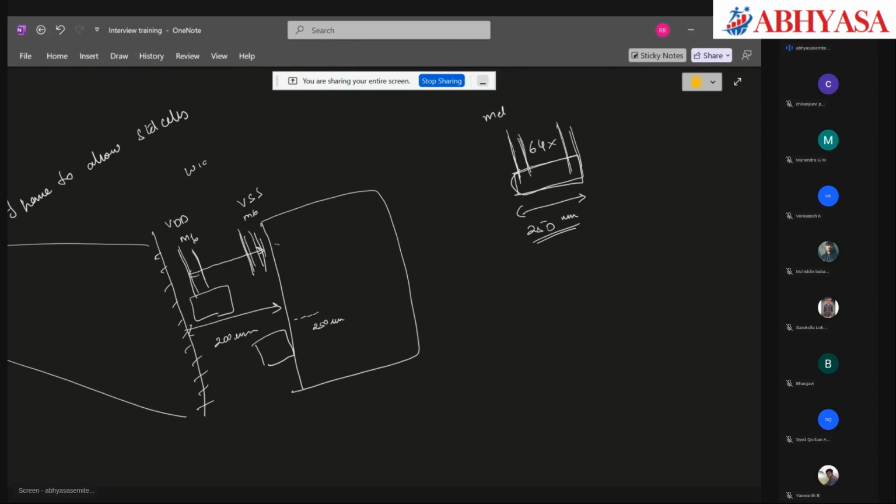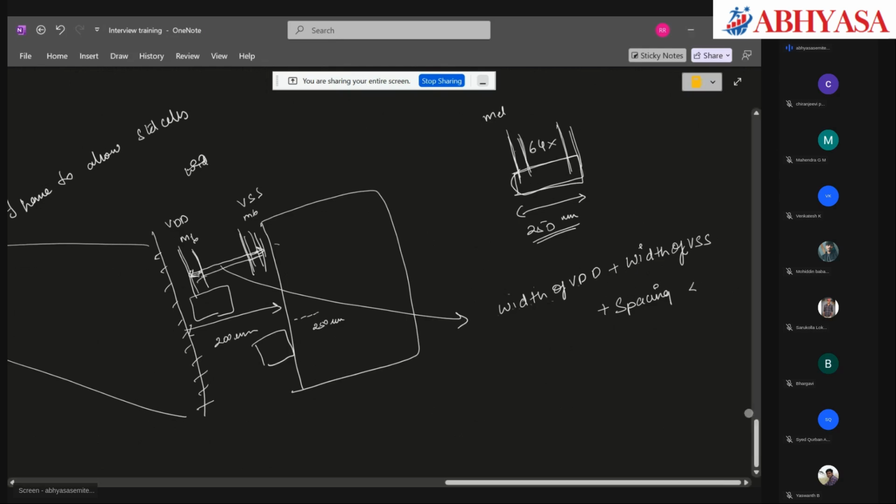So width of VDD, this can be calculated by width of VDD plus width of VSS plus spacing, right? Any doubts here?